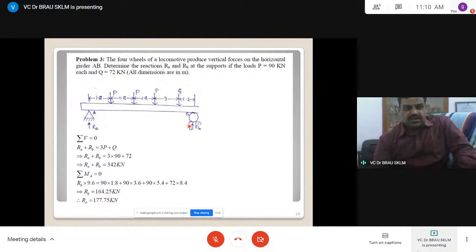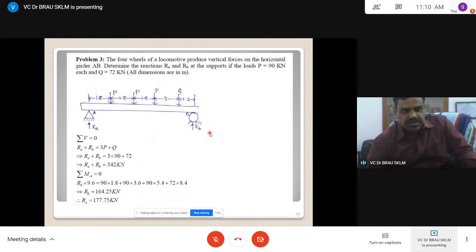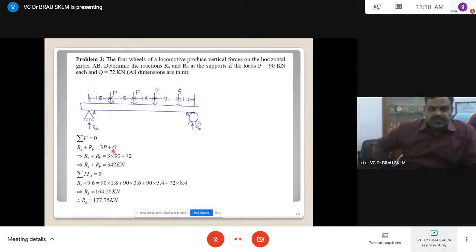It is statically determinate. RAX and RAY: there are no other horizontal external forces, so that is neglected. Now let us see upward forces, RA plus RB is equal to 3P plus Q. The P and Q values are given here, 90 and 72. We have got one equation.